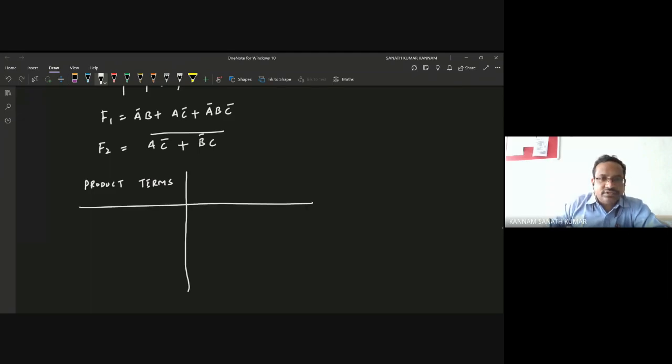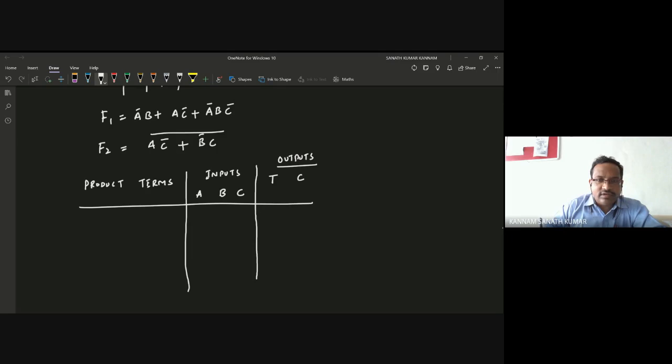What are the inputs here? Inputs are A, B, and C. Okay. And you have the outputs. Those are, so one is true form and next one is complemented form. Okay.